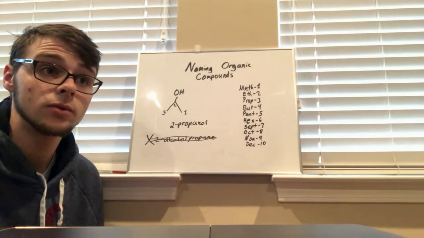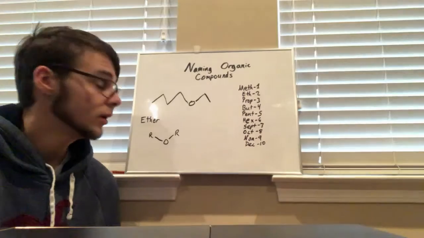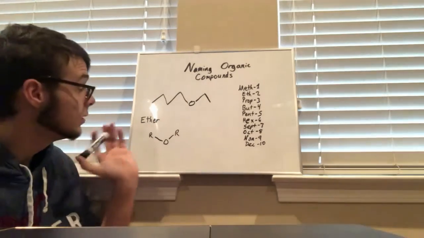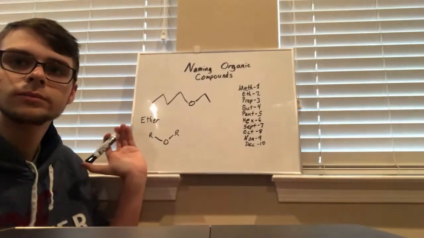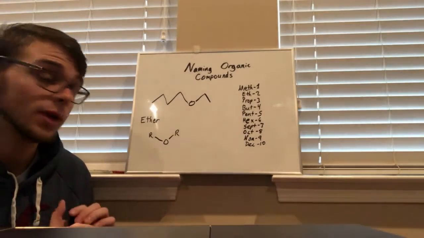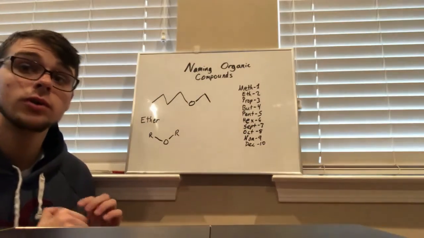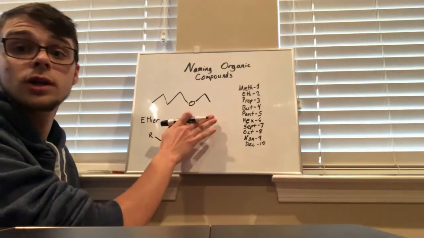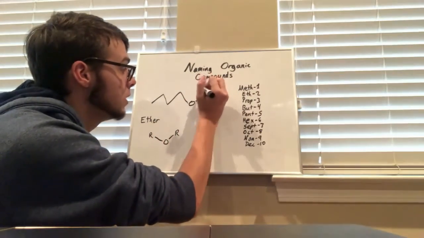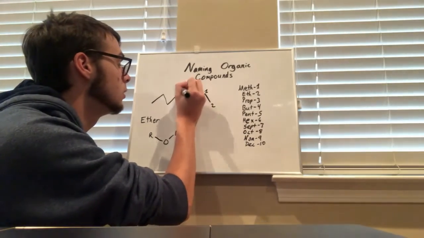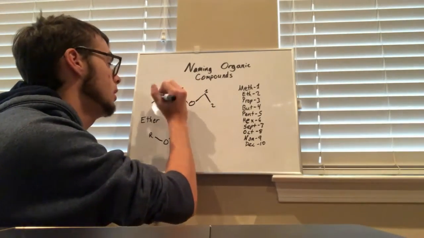Our next functional group are ethers. You would still need to label the chain, but you make sure that the substituent, in this case the oxygen, is on the lowest carbon. And you can't combine the chain all into one in this case. So this would be 1, 2, and then 1, 2, 3, and 4.